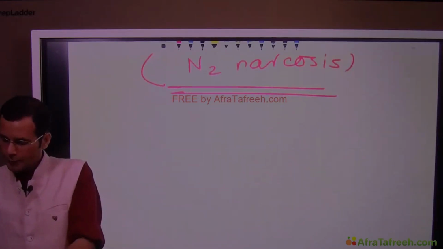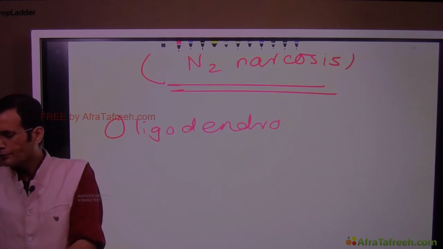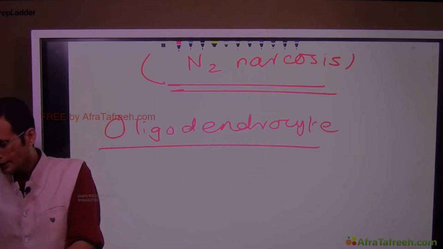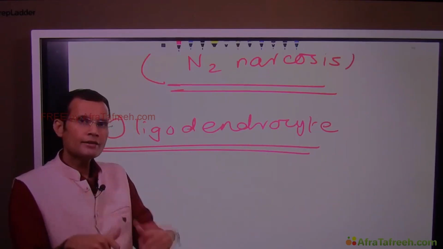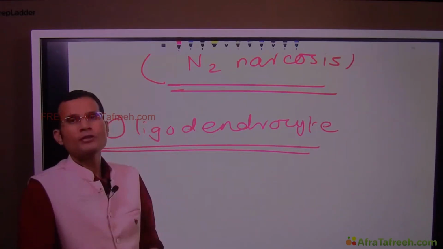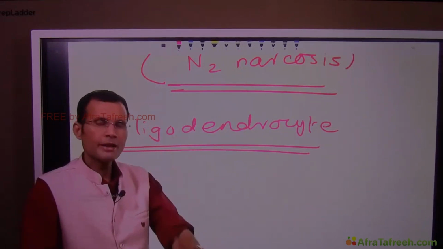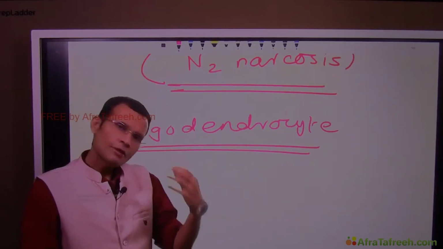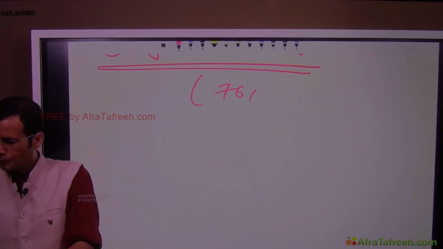So Schwann cell membrane, oligodendrocyte membrane. Let's make a small correction. Schwann cell myelinates the peripheral neurons, and oligodendrocyte myelinates the CNS neurons. So make a correction over here. Even the oligodendrocytes have almost 76% lipid concentration, and the remaining is proteins.